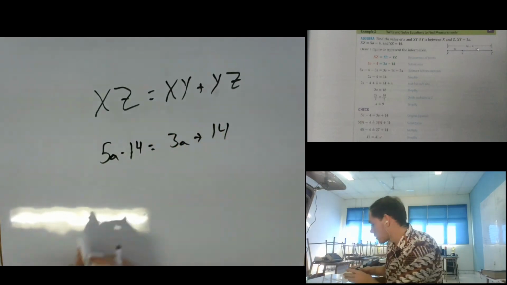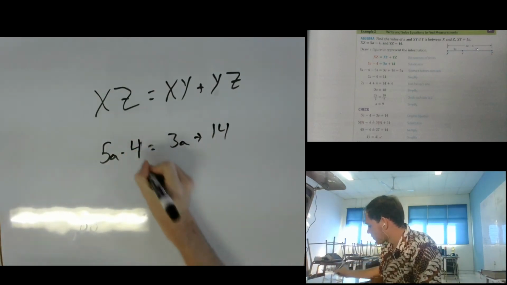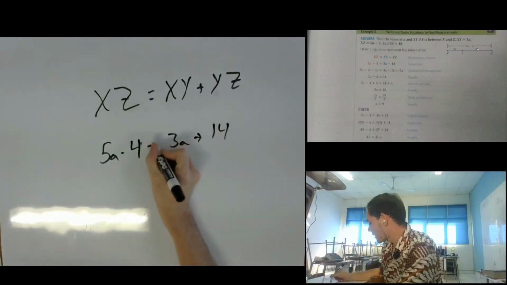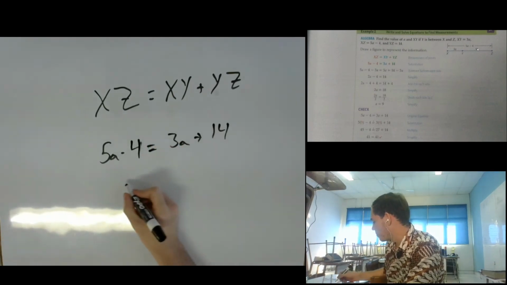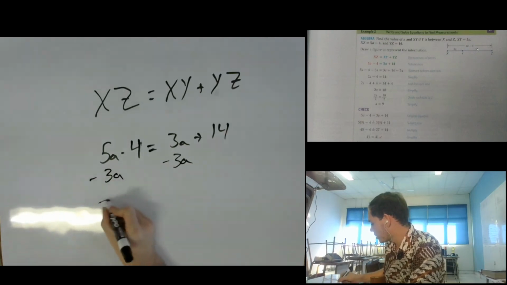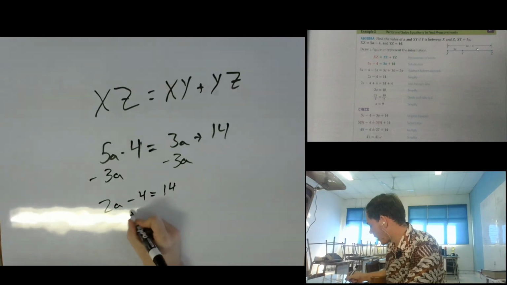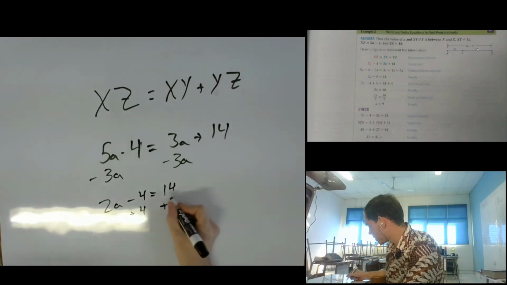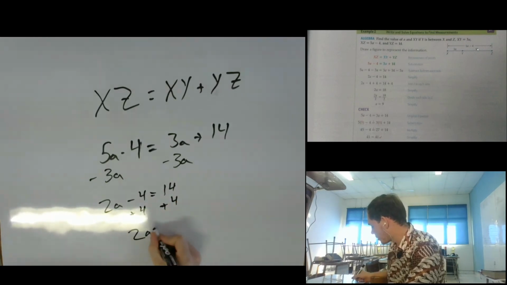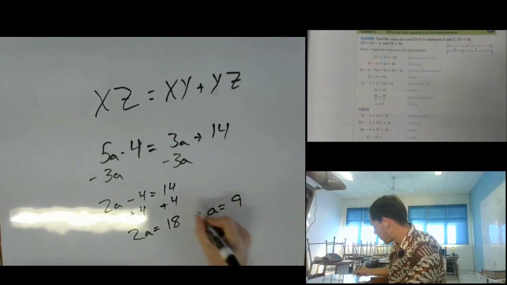Sorry, the other way would produce an answer that is impossible. So let's do the math here. I'm just going to move the 3a over, so we get 2a minus 4 equals 14. Add 4 to both sides. We get 2a equals 18. That means a equals 9.